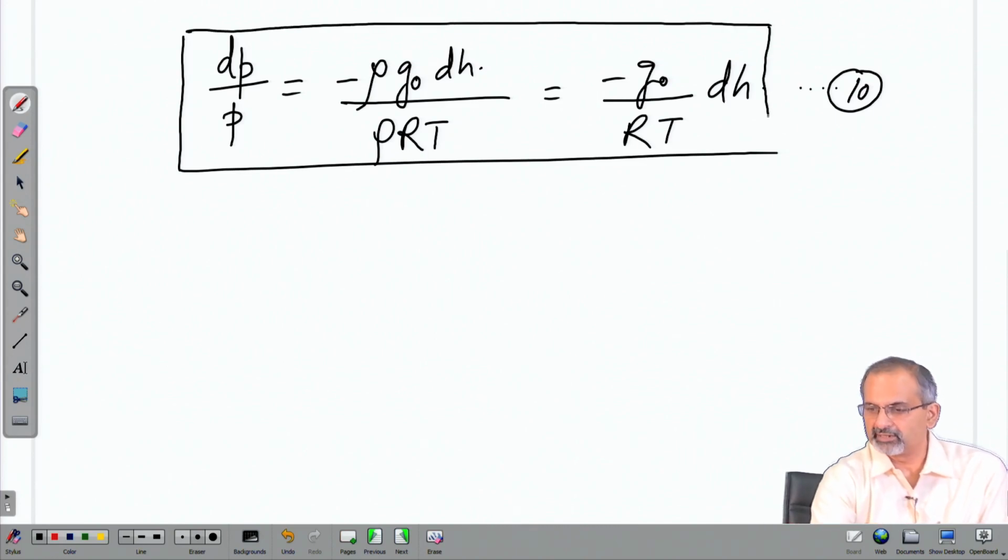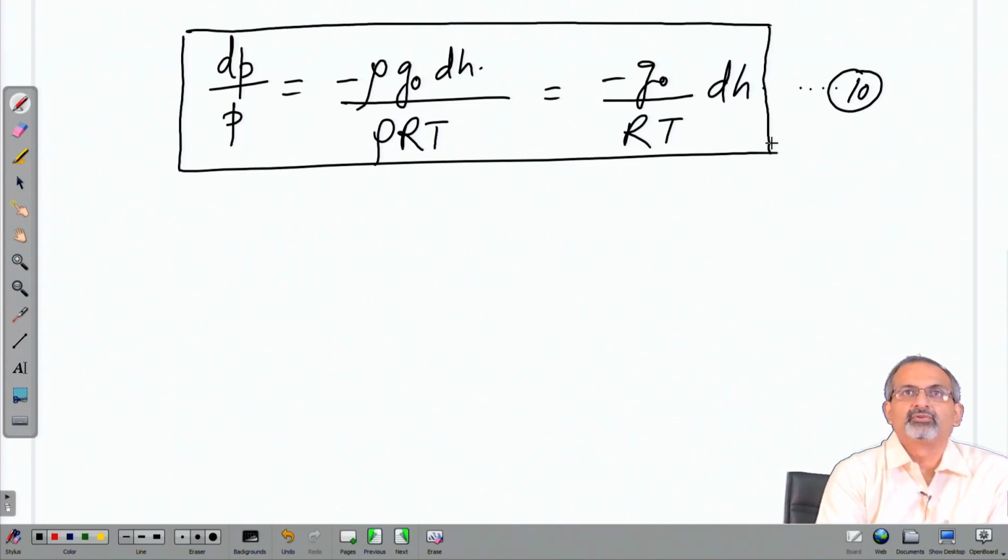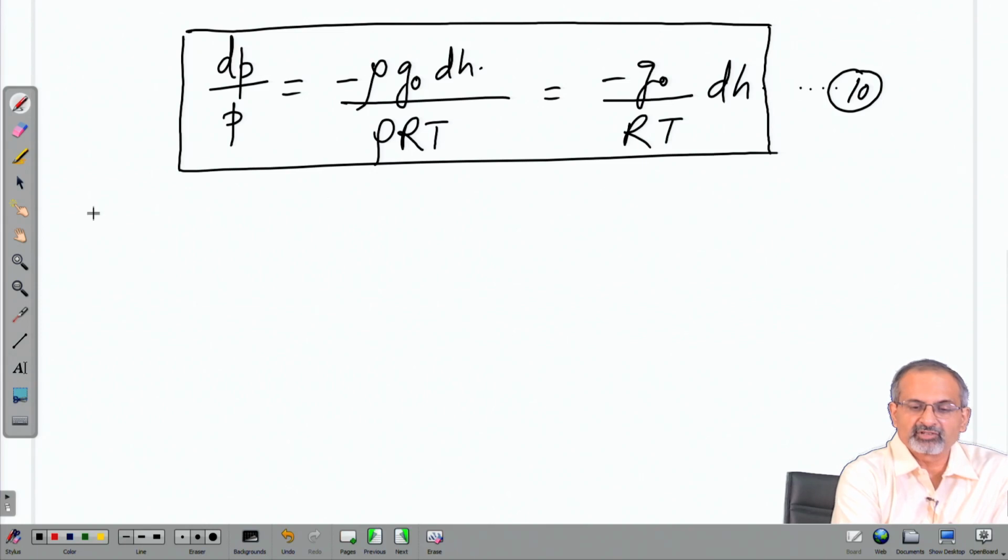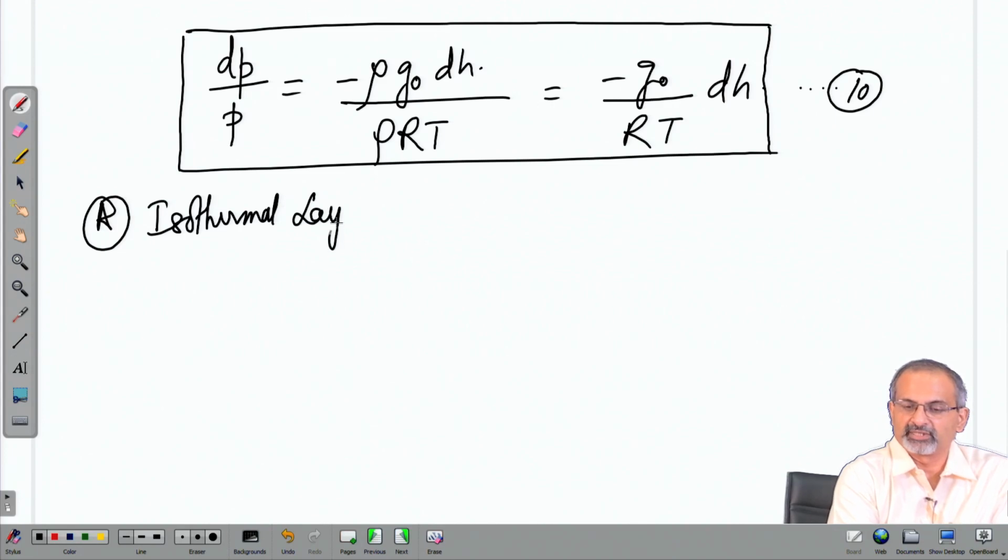You can figure out that this can be integrated now to give you a relation for pressure variation with altitude. So, when you integrate this for different layers, either isothermal layer or gradient layer, you are going to get an equation for pressure. So, let us try out with the isothermal layer, that means where the temperature is constant. So, how does it look?